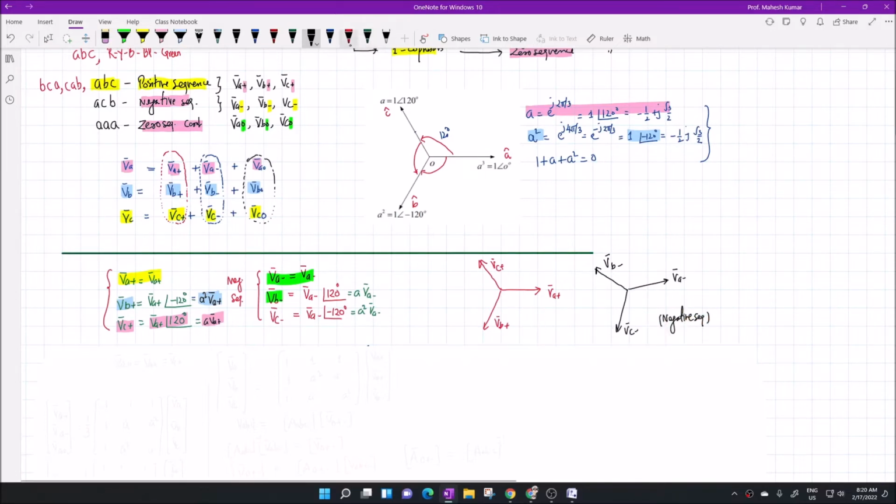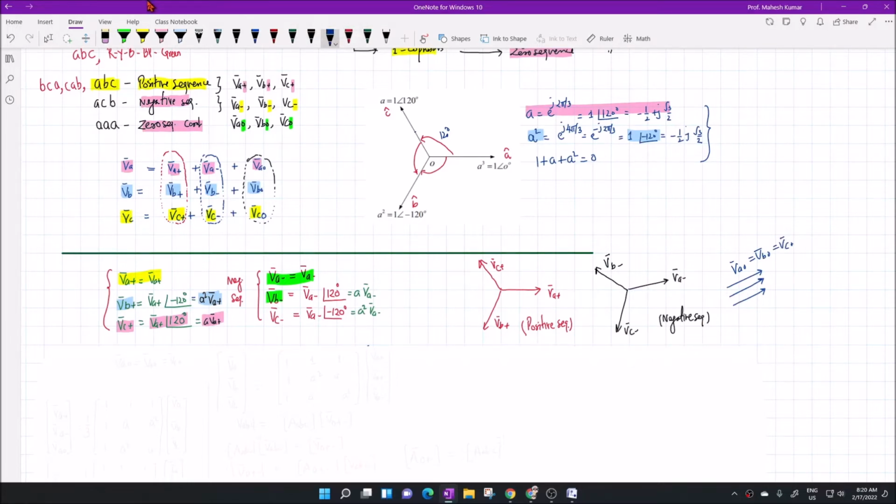This is positive sequence. And for zero sequence, they are co-phasors. So this is VA0, this is VB0, this is VC0. They are the same. So VA0 equals VB0 equals VC0.